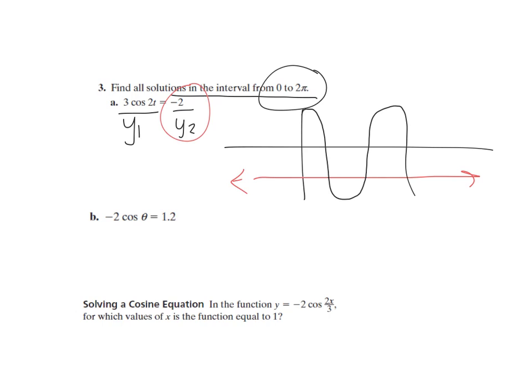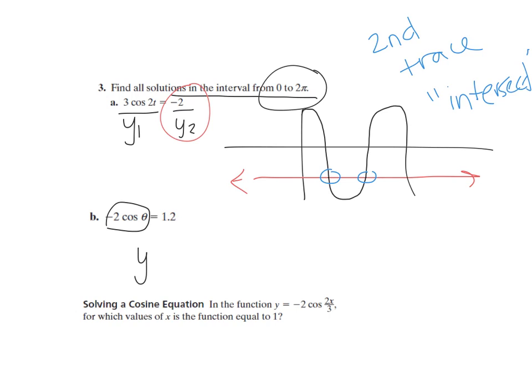Start at any time between 0 and 2 pi where these cross, and those are the solutions. On your calculator you do second, trace, and then intersect. It's going to ask you for first curve, second curve. So that's how you do this one too. You put in your y1, negative 2 cosine x, and then you put in your y2, 1.2, and you want to see where this curve crosses this line.